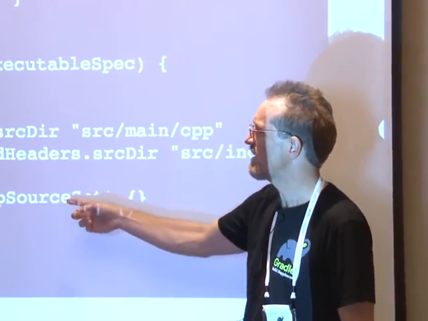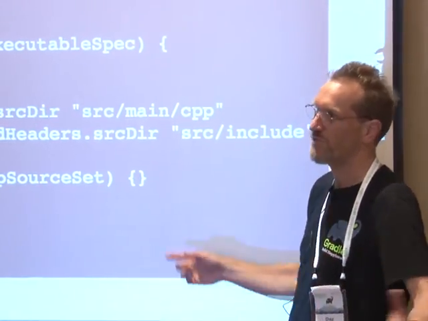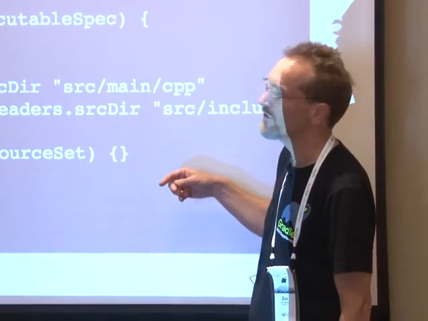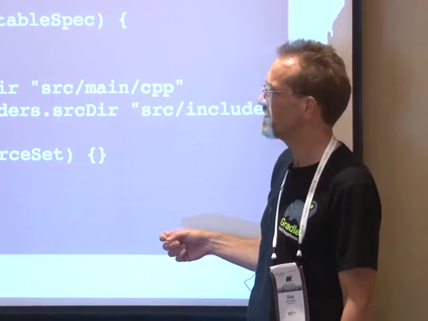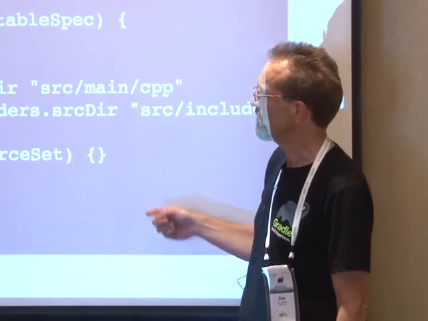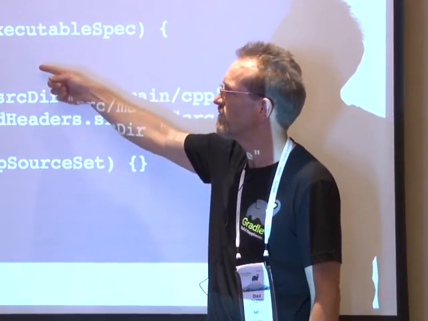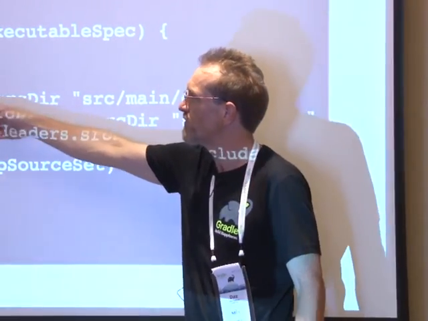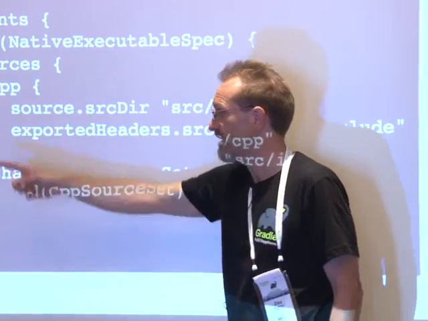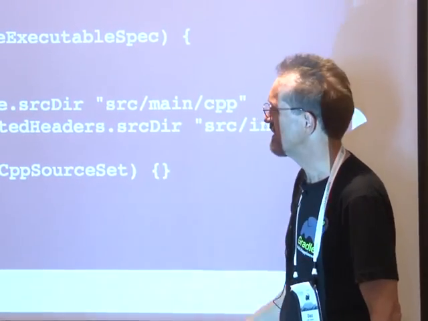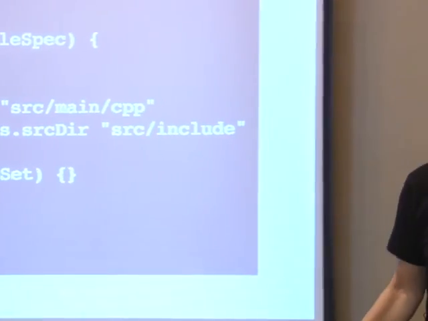So you might say, actually, I have some shared sources that I share between a bunch of components. I can configure where those sources are located in the same way. The default one is the conventional one, so we only have to reference it by name because it's already been created. This one we reference and give a type because we're actually creating this particular source set at this point.